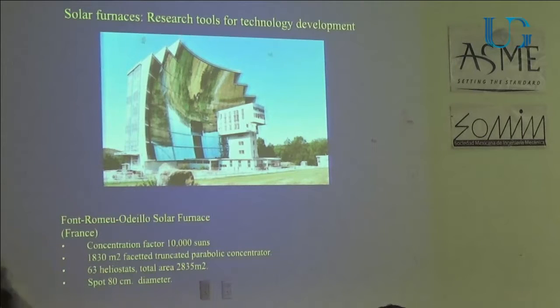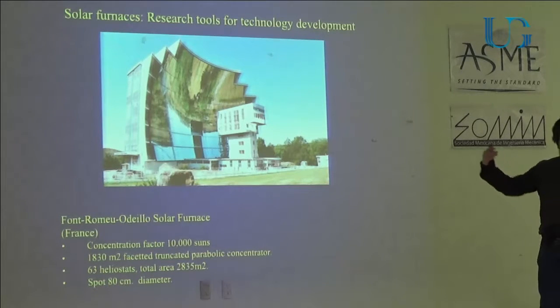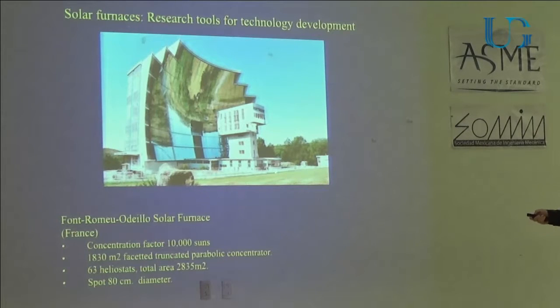Okay. So with this furnace, we have 1,000 suns, and there's a 1,830 square meters parabolic concentrator, as you can see in here, and in front of it we cannot see because the picture was taken from this direction.